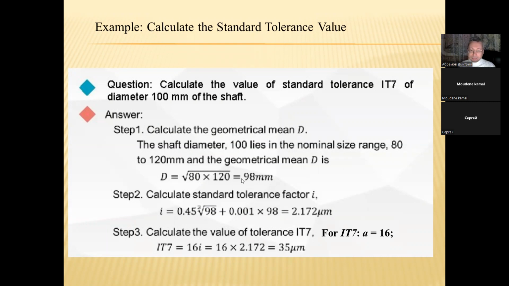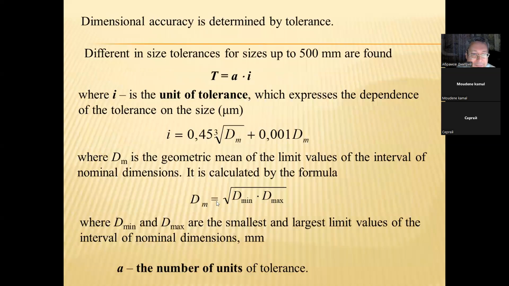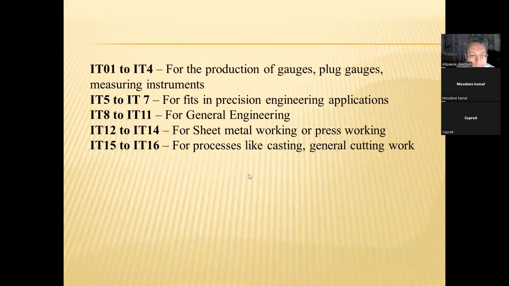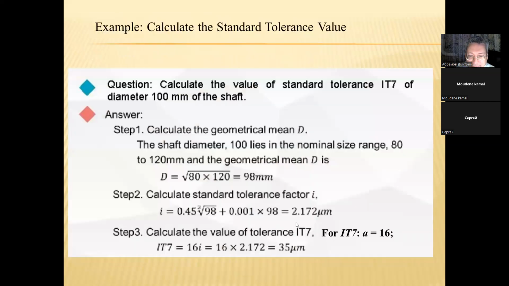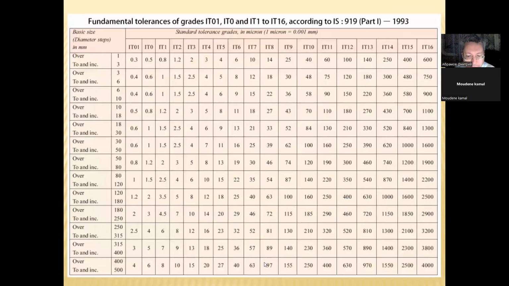Step 2. Calculate standard tolerance factor I. We use another formula with D suffix M, and we find I is equal to 2.172 micrometers. Step 3, calculate the value of tolerance IT7. For IT7, we must find A, the number of tolerance units.